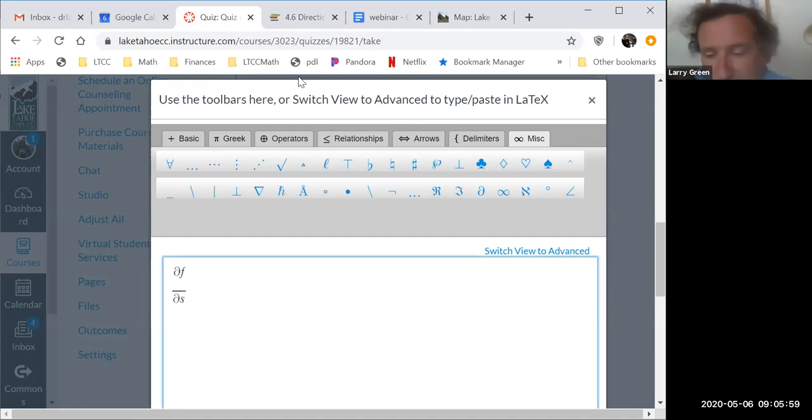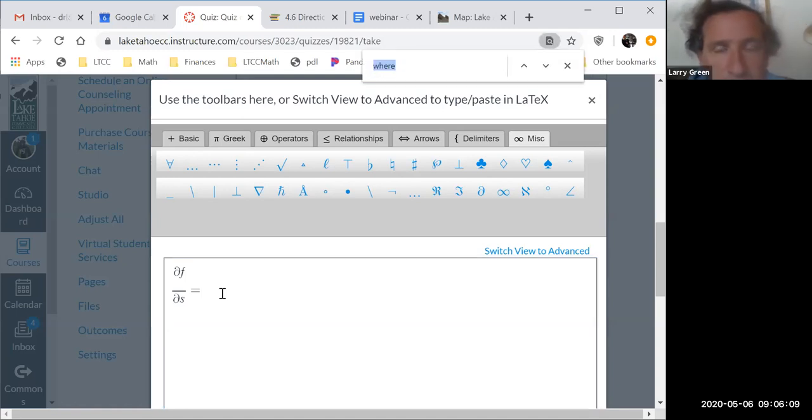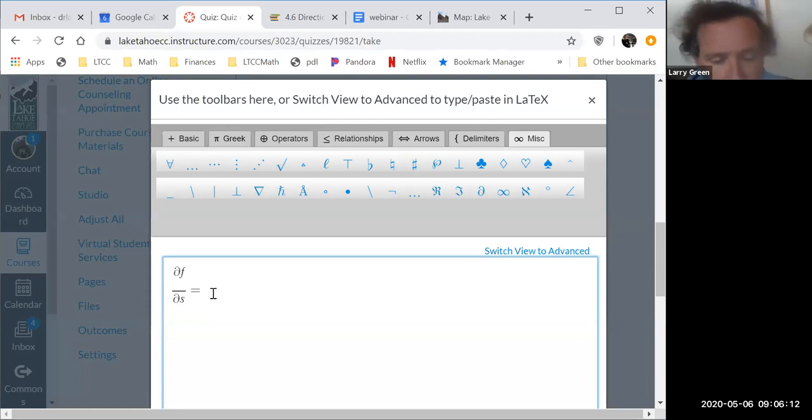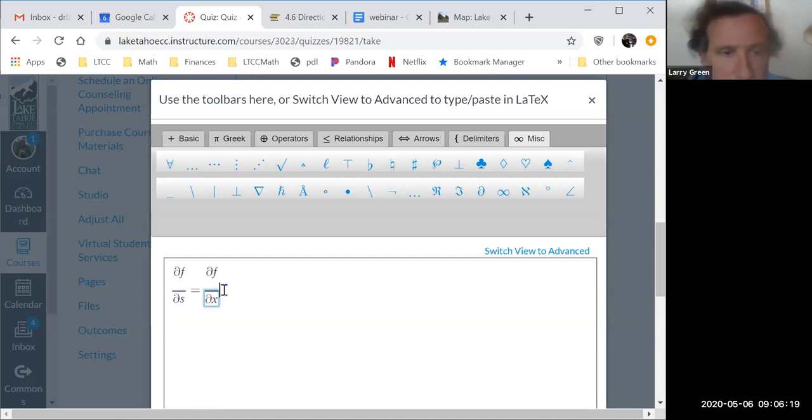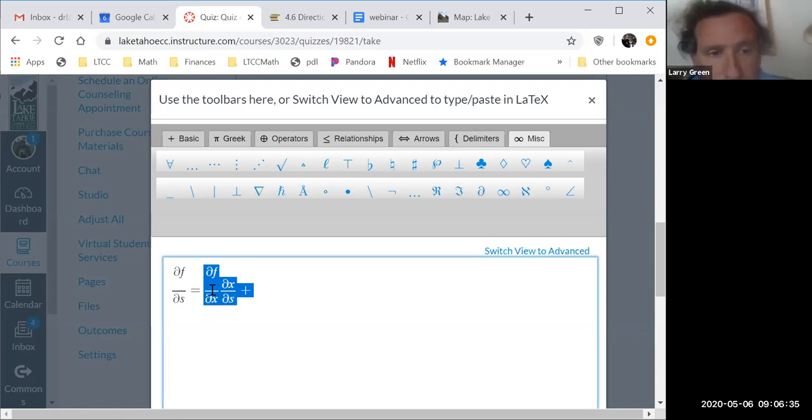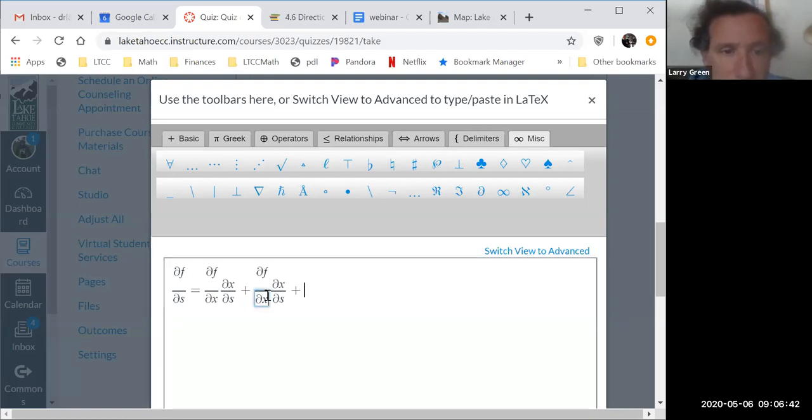By the chain rule, that is equal to del f over del x times del x over del s, and then plus the same thing with the y, so del f del y times del y del s.